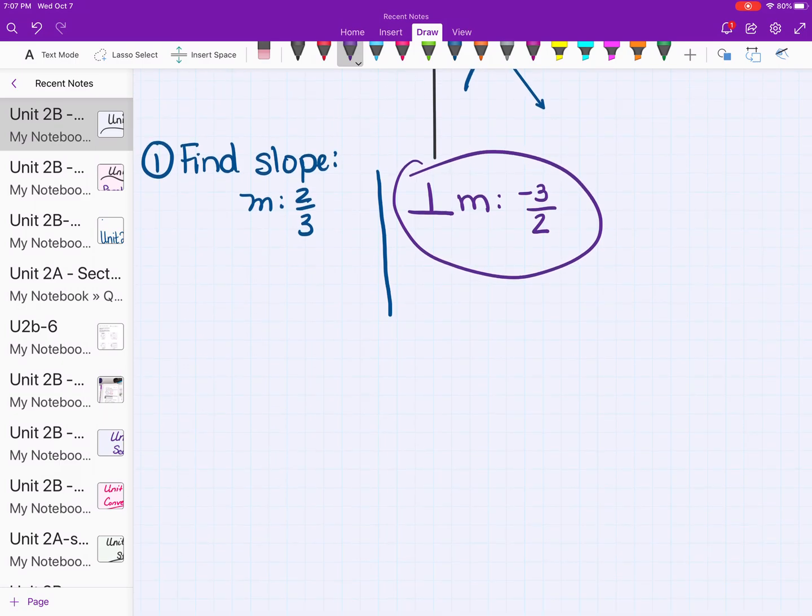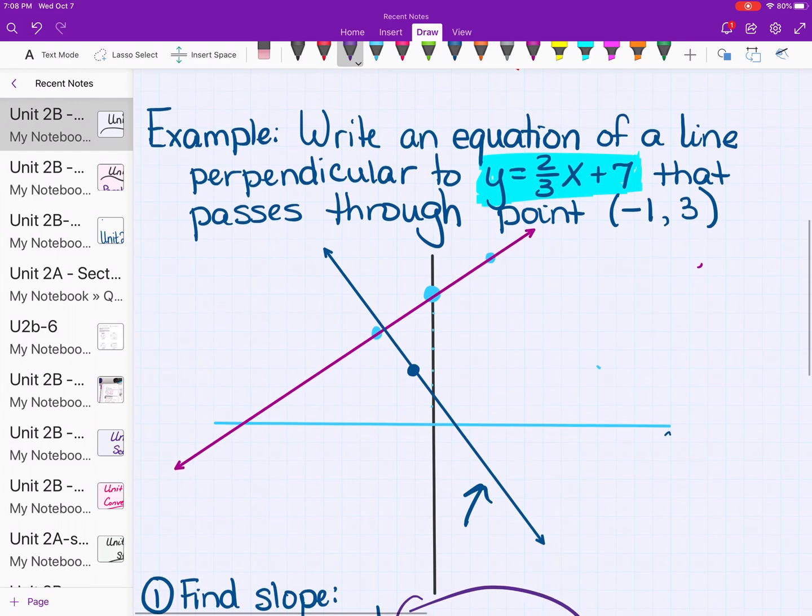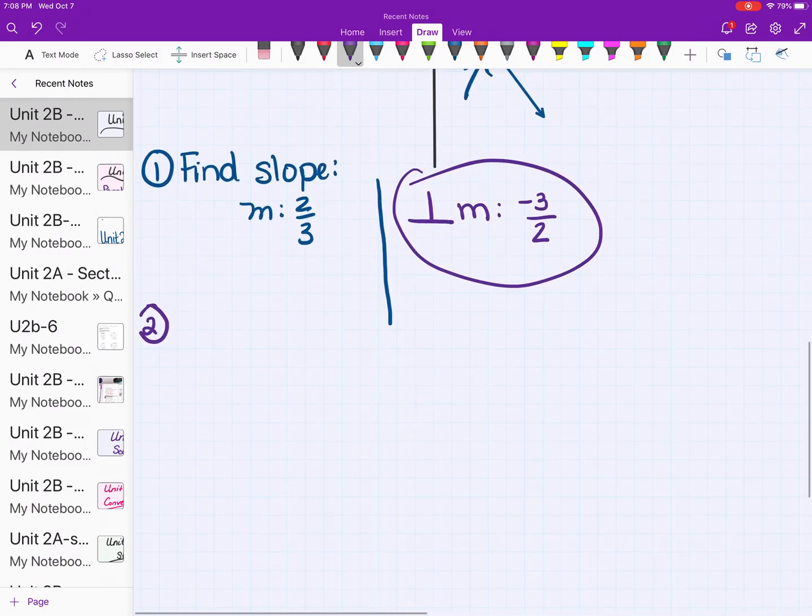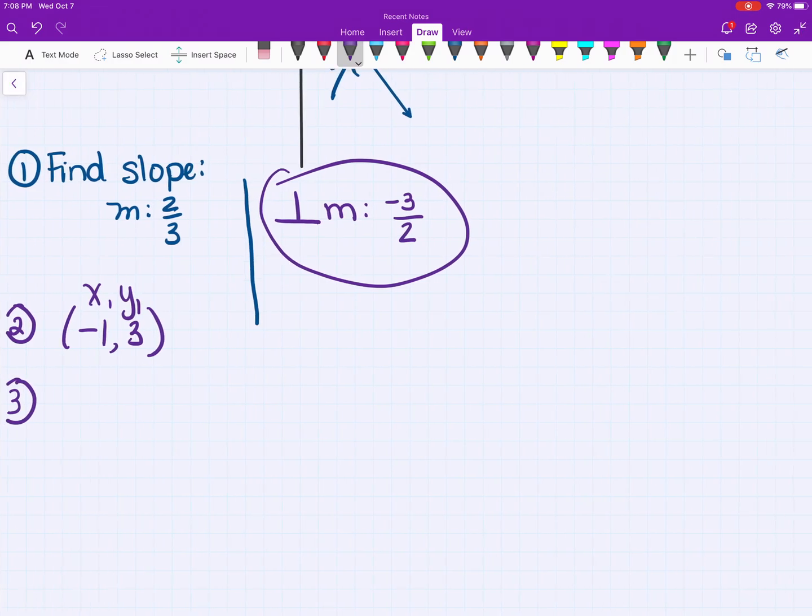Second step is to find and label the point. Well, what point did this line go through? It went through -1, 3. So let's find it and label it x1, y1. There we go. Now we just need to put in our parts for the point-slope form of the equation.